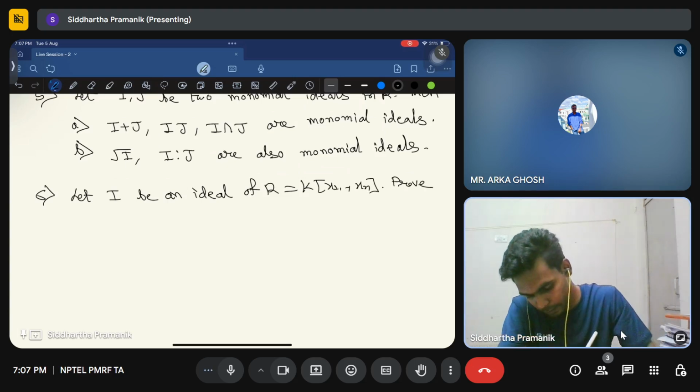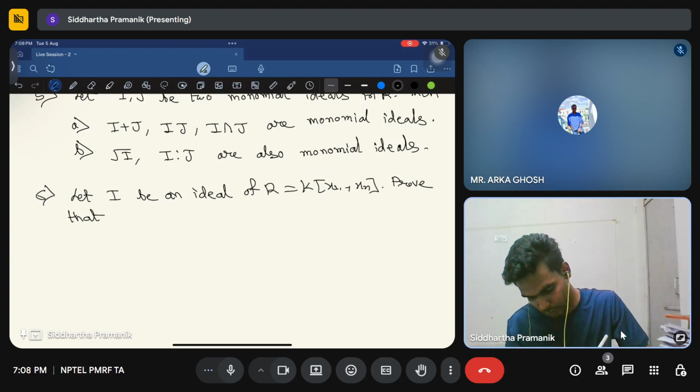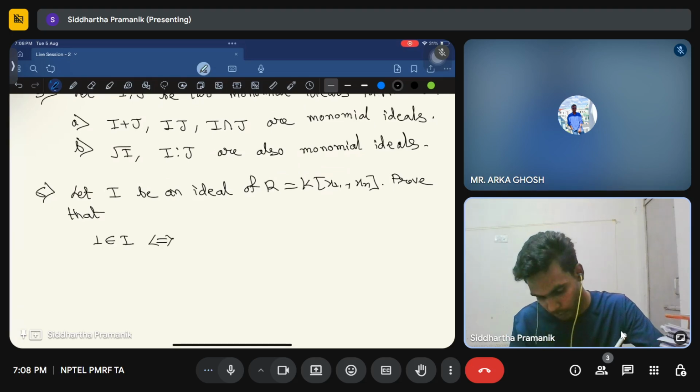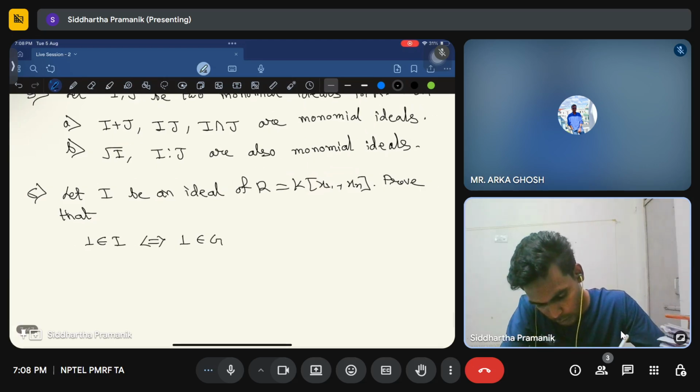Then prove that 1 belongs to I, that means I is the whole ring, if and only if 1 belongs to G for any Gröbner basis G of I.